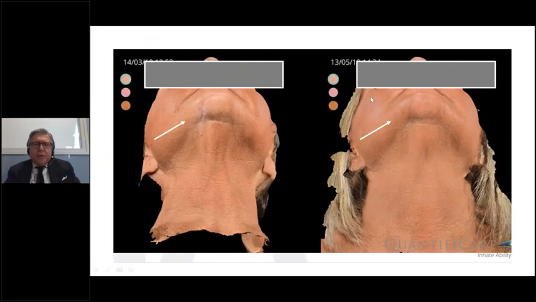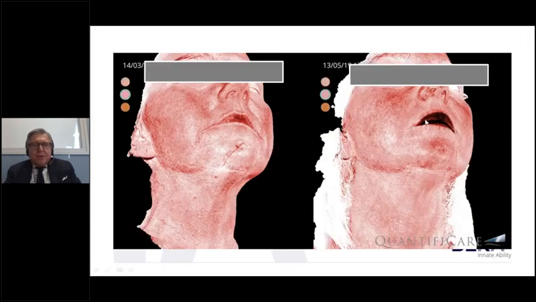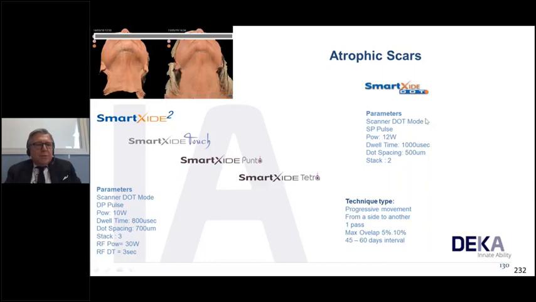Another case where we treated with a combination of pulse dye plus fractional CO2. The patient cut the skin with a knife, incidentally, of course, and we got a very, very good result at the end. And these are the 3D images. Well, the parameters are the same.